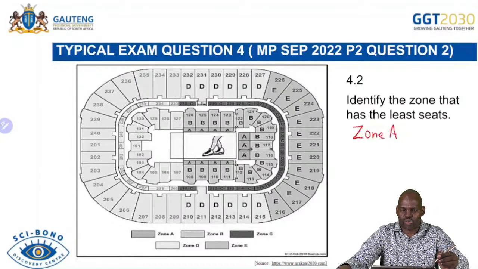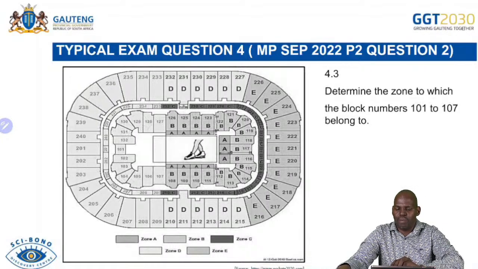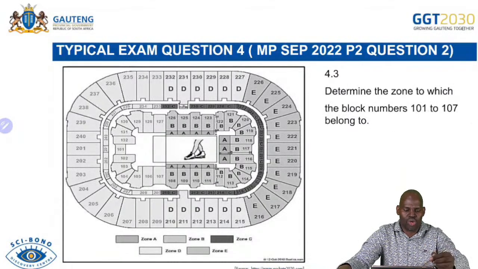Okay, then the next question: determine the zone to which the block numbers 101 to 107 belong. Right, 101 to 107. Let's look at this. Here we've got 101, 102, 103, 104, 105, 106, 107.